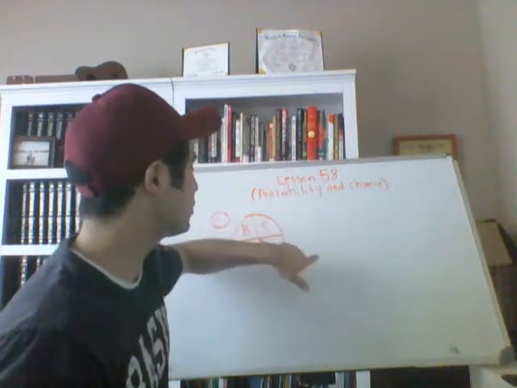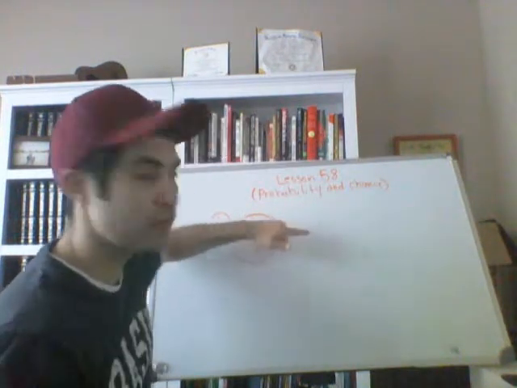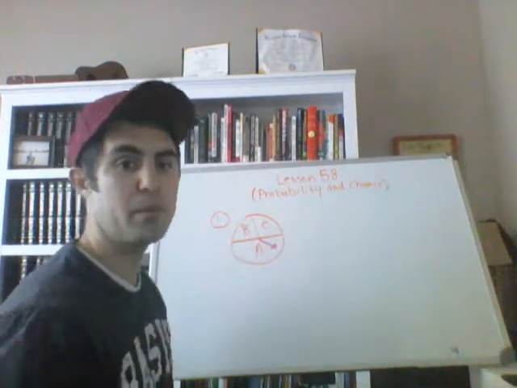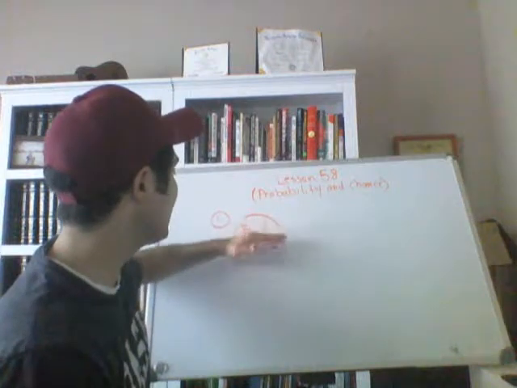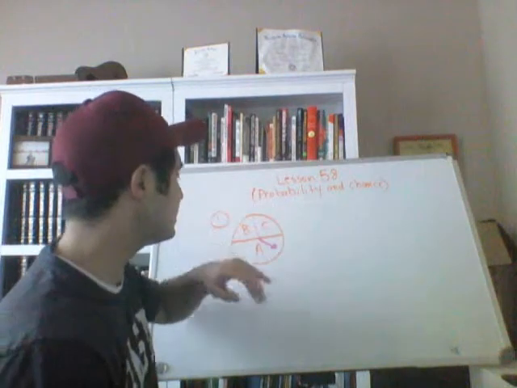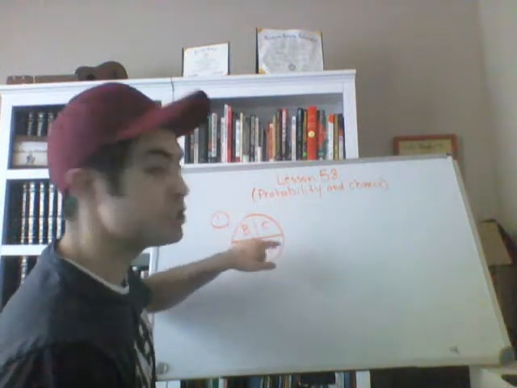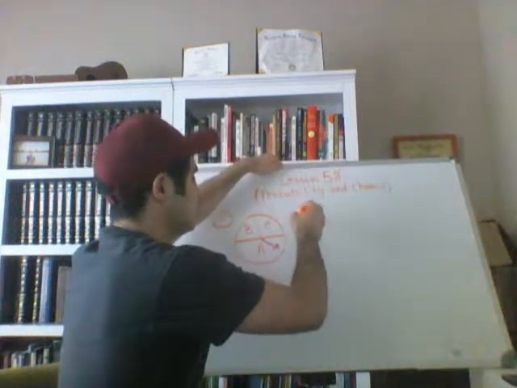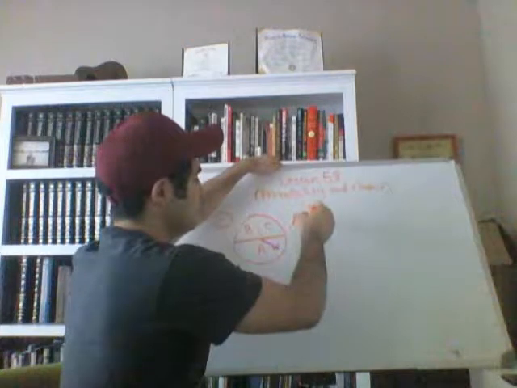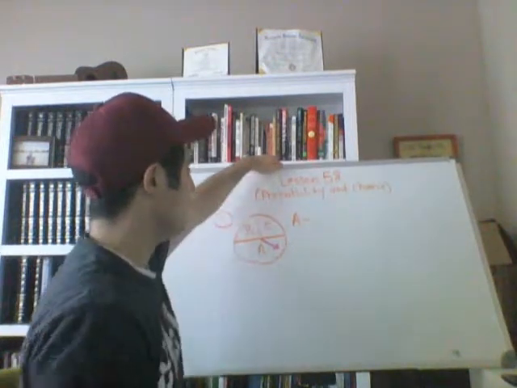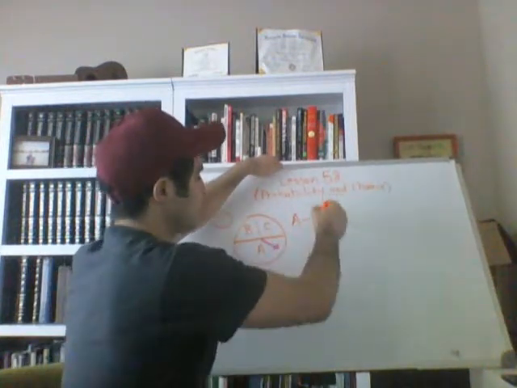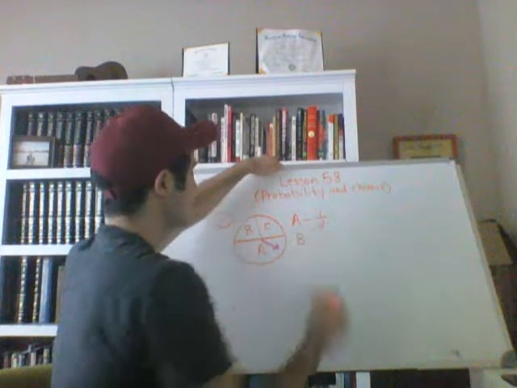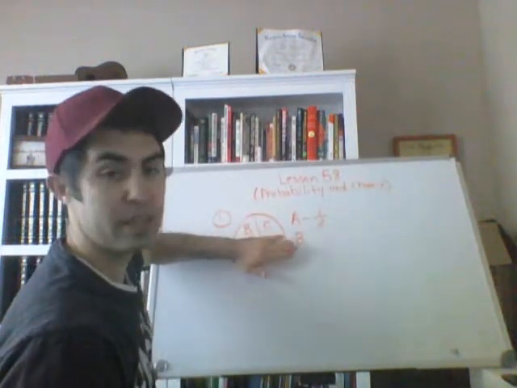Now, if you cut a circle in half, like this line does right here, that means that half of the circle is below and is made up of A, and the other half is made up of B and C. A is the largest sector in this circle. So, let's go ahead and assign for A, the spinner, the arrow is going to point to A about half of the time. Now B and C make up the other half.